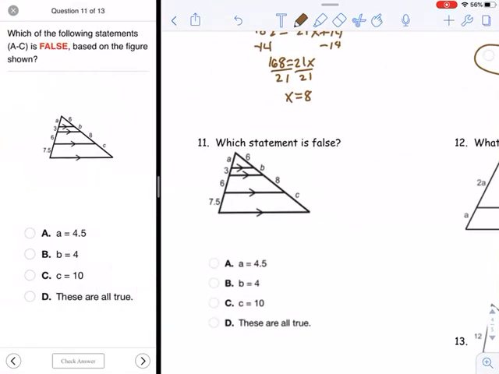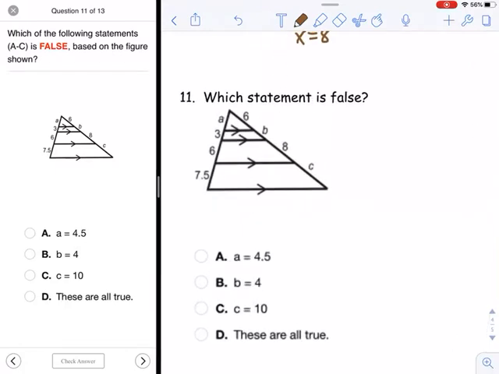Same problem. Which of the following statements are false? So now we're basically just going to take the stuff and solve. Looking at this, it looks like this 6 over 8 is going to be my big bread and butter, because I know both left and right of those parts. If you look at A, B, and C, I don't know both parts of those.